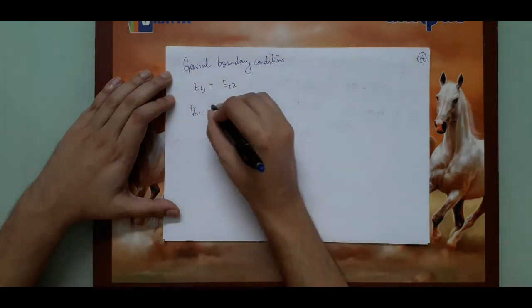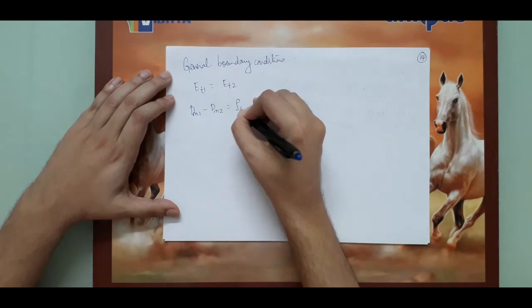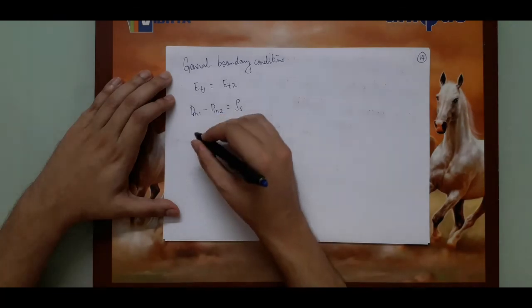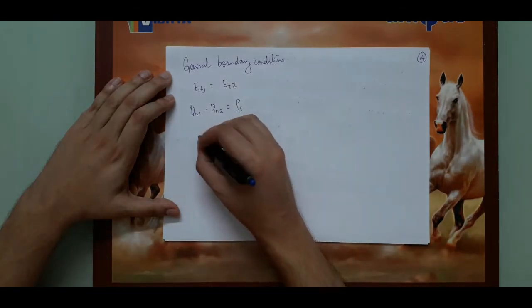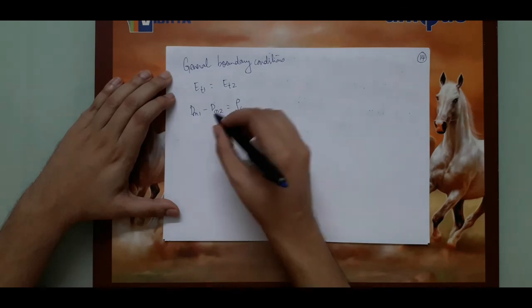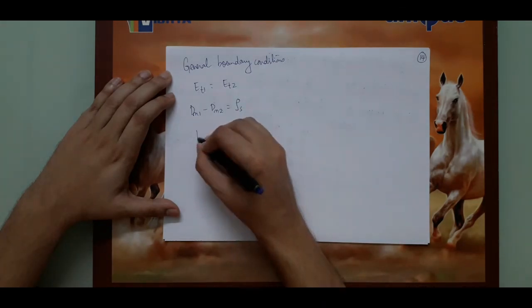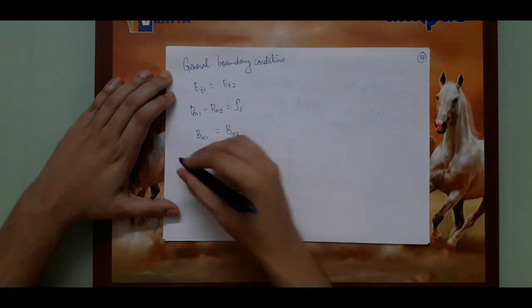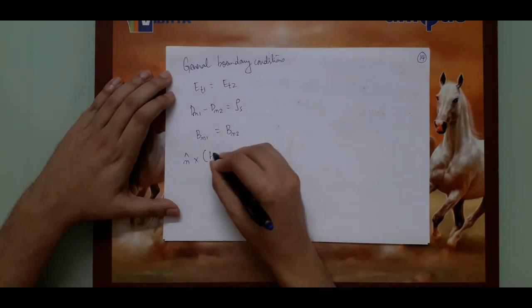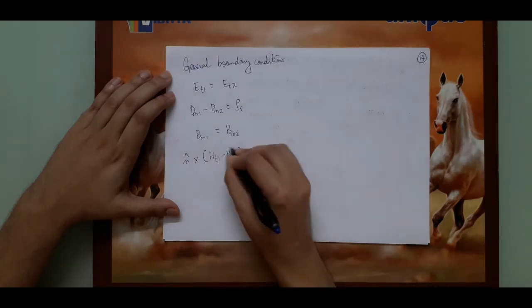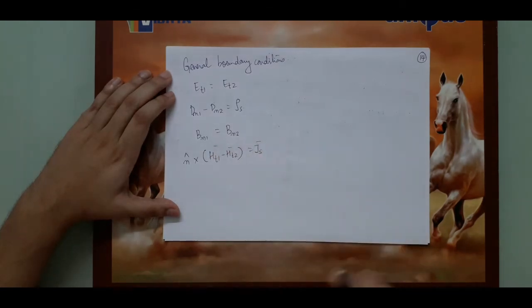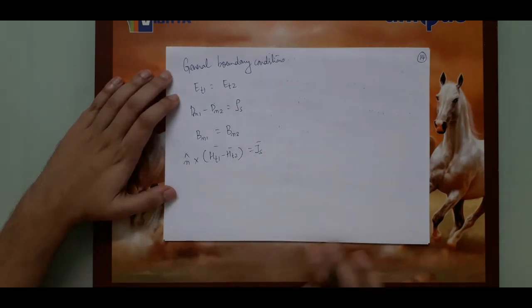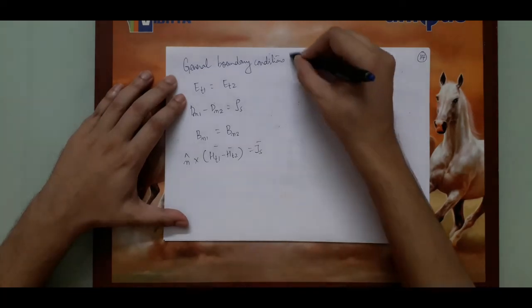The normal components of the displacement is equal to the surface charge. In case of the normal component of the magnetic flux, they are also continuous, and the tangential components of the magnetic fields are correlated using surface current. Now these are the general conditions.